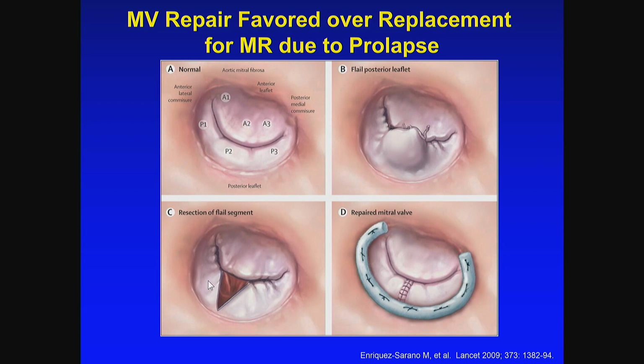That flail posterior component can be excised by the surgeons, cinched up, and then there's often an annuloplasty ring to buttress that annulus, which has usually seen a lot of enlargement and remodeling over time. Outcomes in experienced centers are dramatically more favorable for mitral valve repair than replacement in mitral valve prolapse with regurgitation.